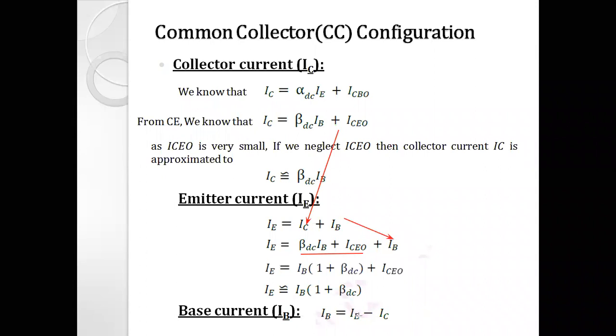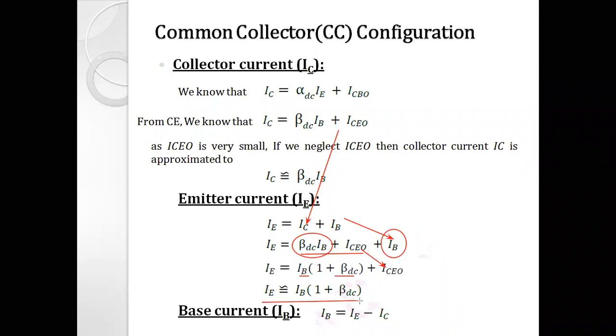IB is present in the first term as well as in the last term. So when we take IB as common, the equation becomes IB into 1 plus beta DC, and ICEO as it is. Again, if we neglect ICEO, then IE is approximately equal to IB into the bracket 1 plus beta DC.